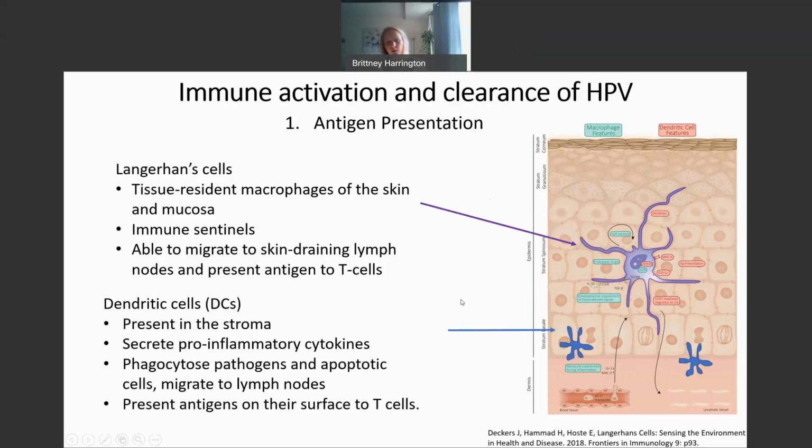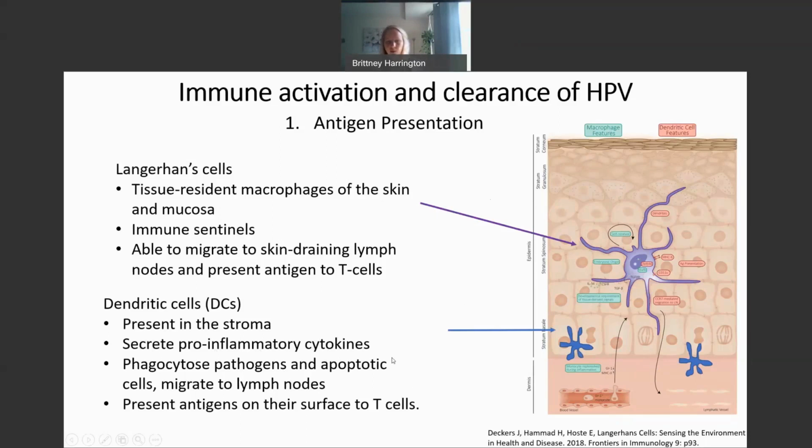There are also dendritic cells, but these are present in that stromal layer, the outer layer, not within these layers of the epithelium, and they can basically sound the alarm. They can secrete pro-inflammatory cytokines to alert other immune cells to migrate towards this site.